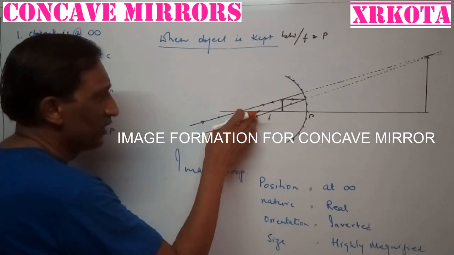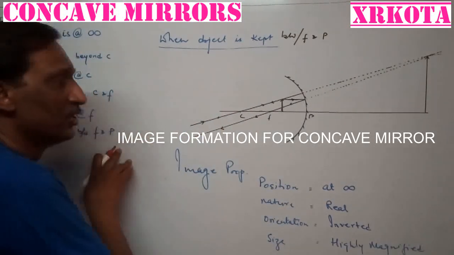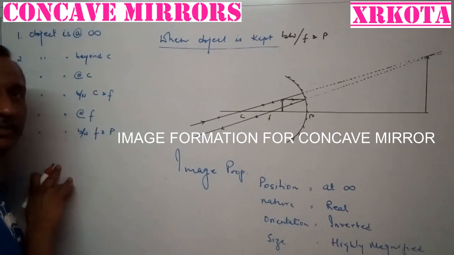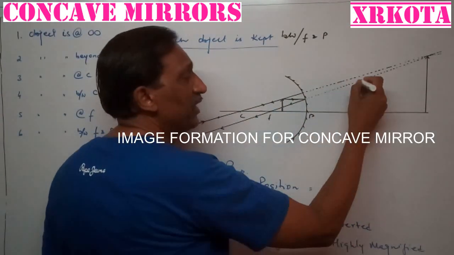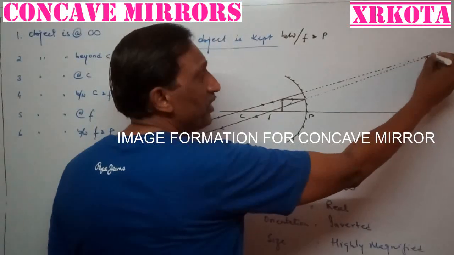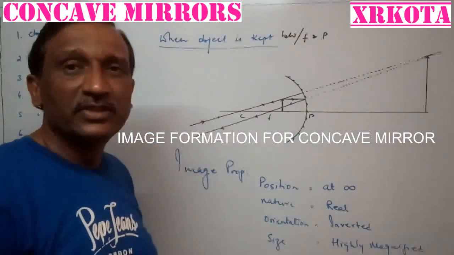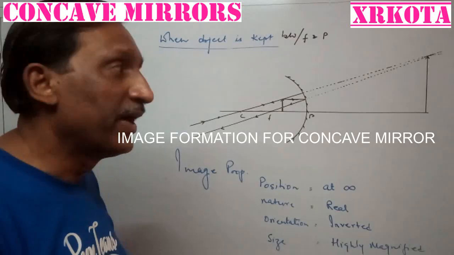Here you see the distance is going on increasing. So in no way it is going to meet in front. But if you extend it behind the mirror, you will find at some point they are going to meet behind the mirror.